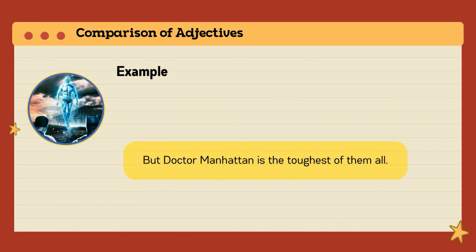Last example. But Dr. Manhattan is the toughest of them all. Notice that there is one noun and a pronoun present. Dr. Manhattan is the noun, while the pronoun is the word all. The word all refers to the nouns mentioned previously, which are Batman and Superman, while there is only one adjective to describe them.